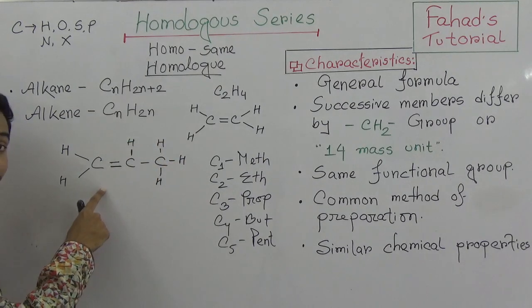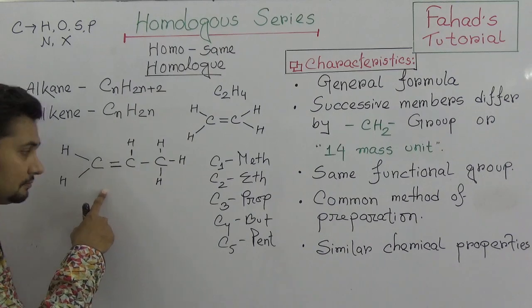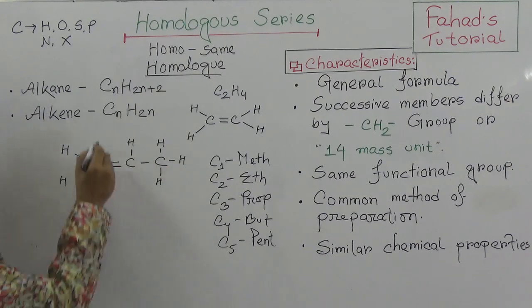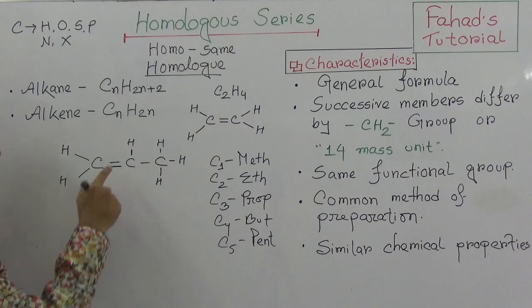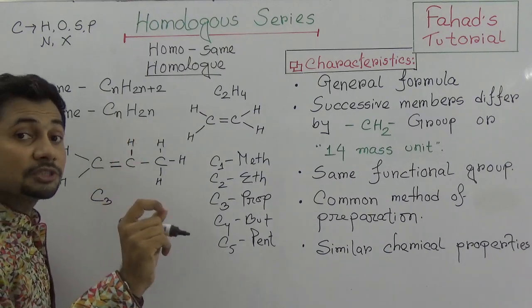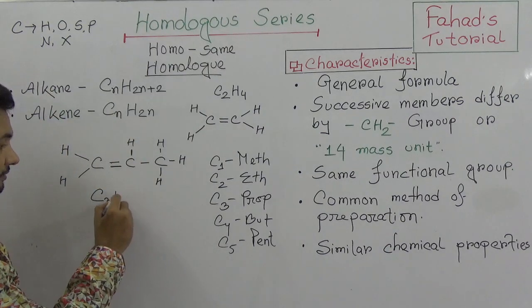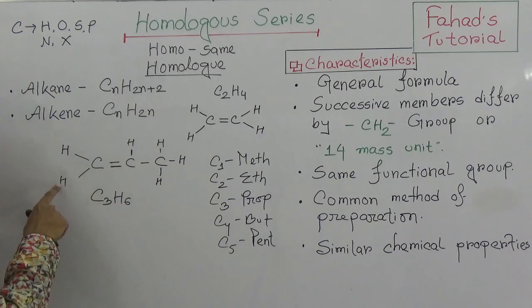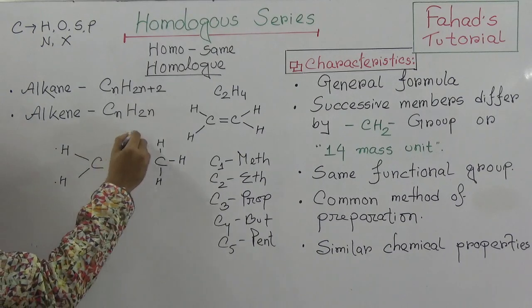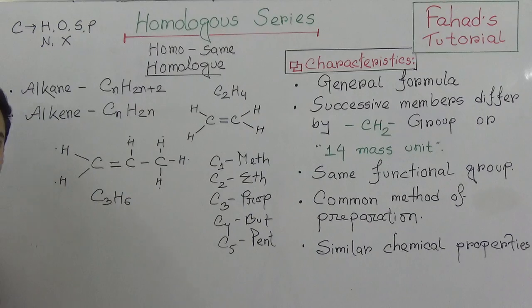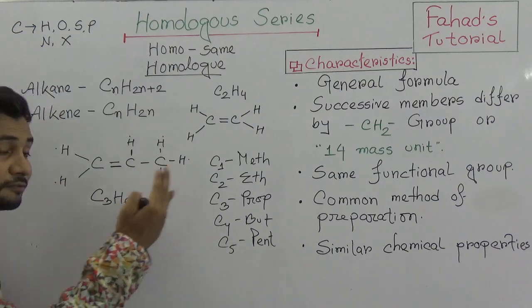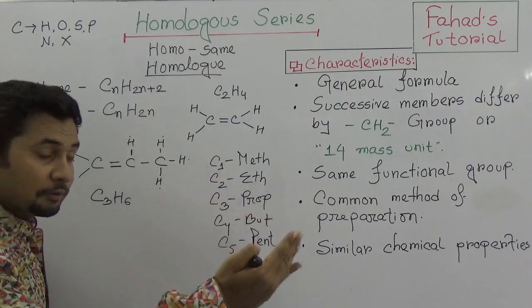So simply we can write this. What is the formula of propene? It has 3 carbons, so hydrogen should be 3 times 2 is 6. Now you count 1, 2, 3, 4, 5, 6. So what is the difference between ethene and propene?